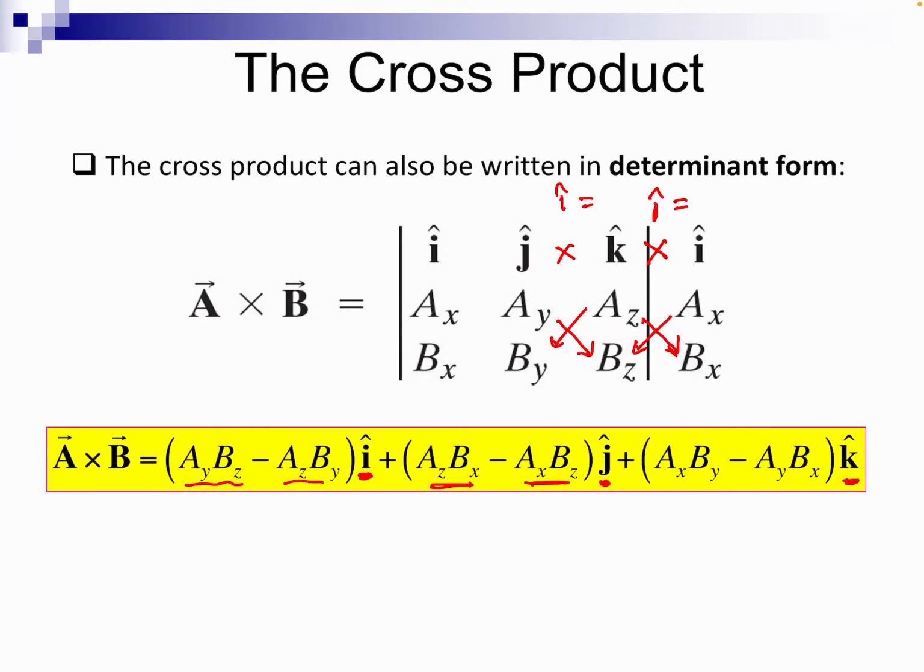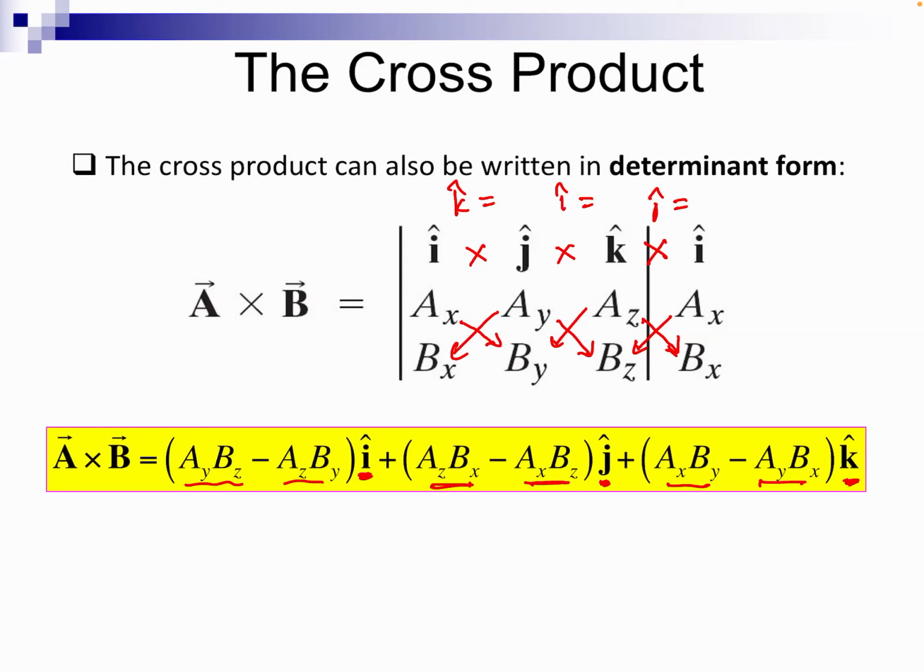And for the k hat component, it should be a cross product between i hat and j hat. So the cross product of i hat and j hat will give you the k hat component. To get it, you get the determinant of the i hat and j hat vectors. So you go ax times by, that's this term here, minus ay times bx, which is this term here.